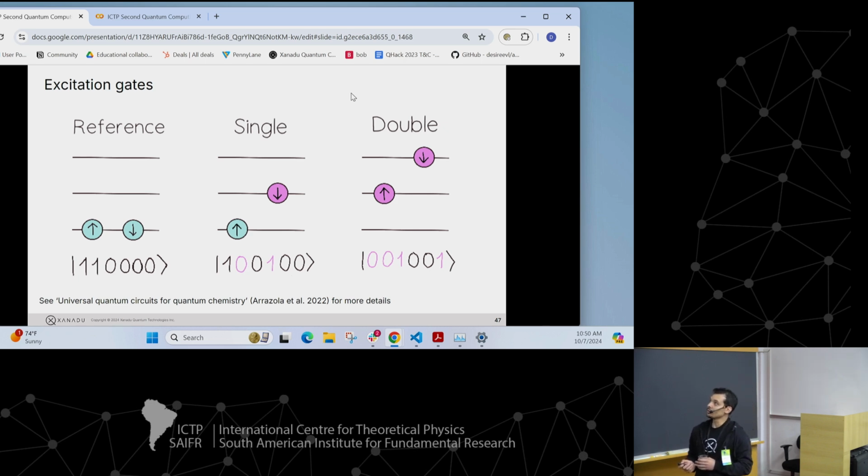We're going to use two excitation gates. One of them is this single excitation gate that will take one electron to a different spin orbital. And we also have double excitation gates that will promote two electrons to a different spin orbital. If you want a bit more information here, I put the title of a paper that really laid the foundations of this idea of excitation gates.